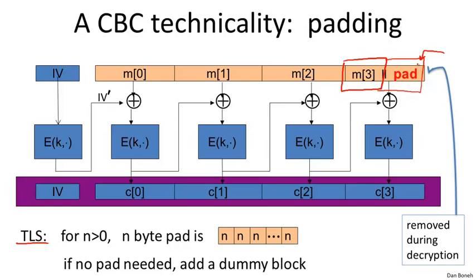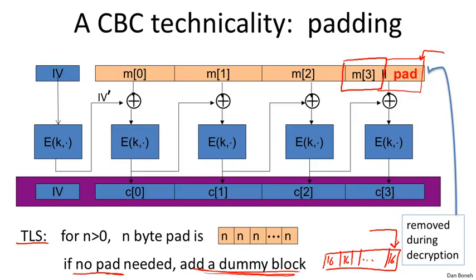So the solution is, if there is no pad needed, nevertheless we still have to add a dummy block. This would be a block that contains 16 bytes, each one containing the number 16. The decryptor, when decrypting, looks at the last byte of the last block.